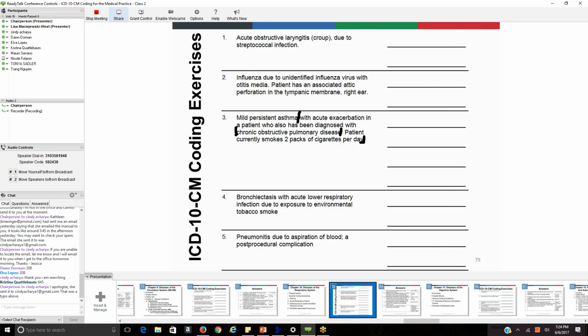But we also have to code the COPD, and the COPD we can look up under C for COPD if it's there. If you find it in the index, please let me know.